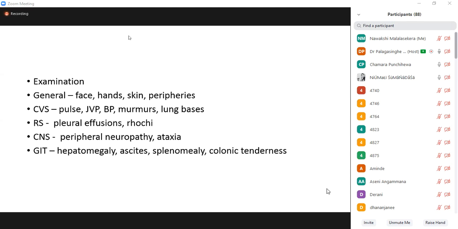So think, what are the other things that you might see in the face? Is it possible to see edema-like things because of hypoalbuminemia?